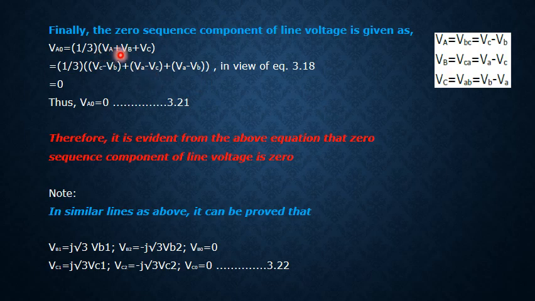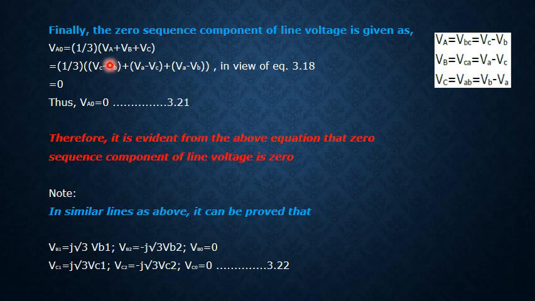substituted in this equation. So if you simplify it further, the positive VC and negative VC will get cancelled, negative VB and positive VB will get cancelled, then respectively VA will get cancelled. So here there is a slight change in the equation, it should be VB minus VA. So take that correction over here.